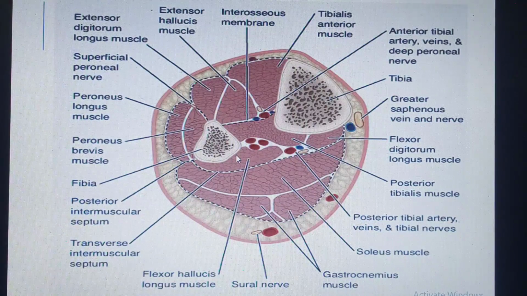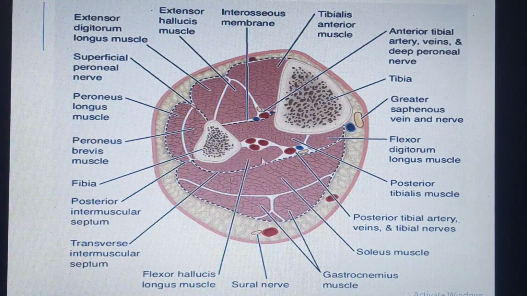But I told you that it gives a turn to insert into the base of the distal phalanx of the great toe. So flexor hallucis longus is going to be lateral, and flexor digitorum longus is going to be medial.